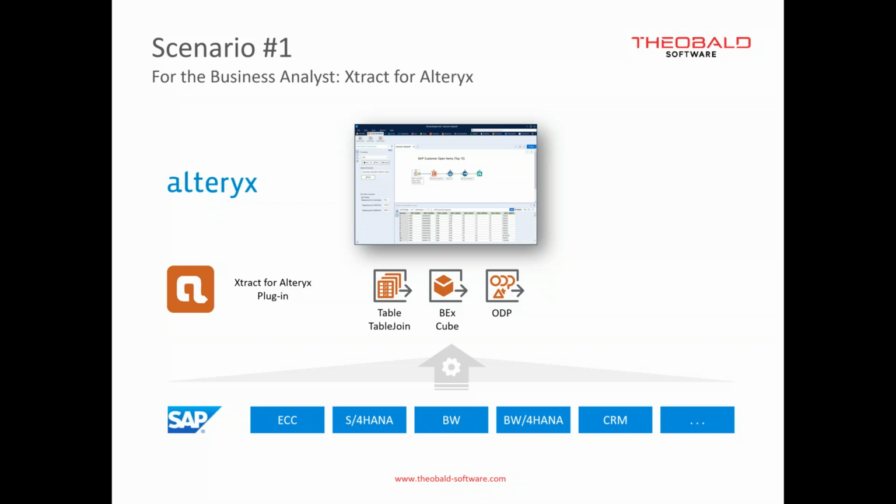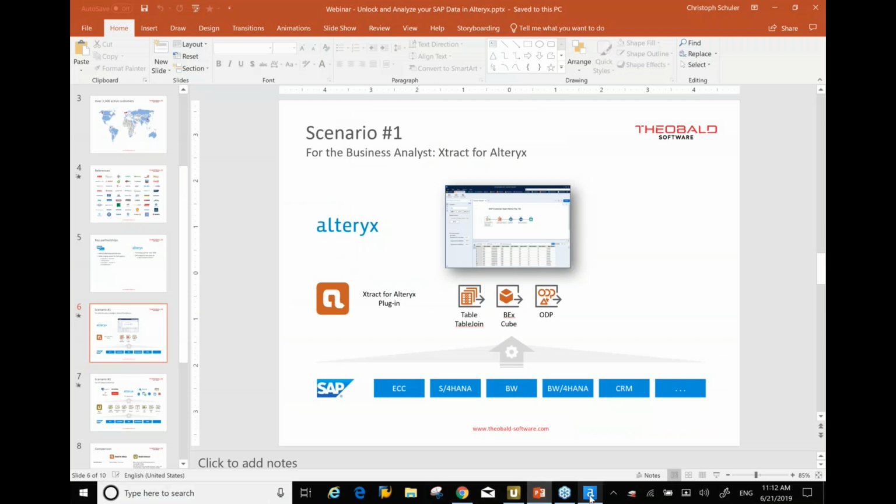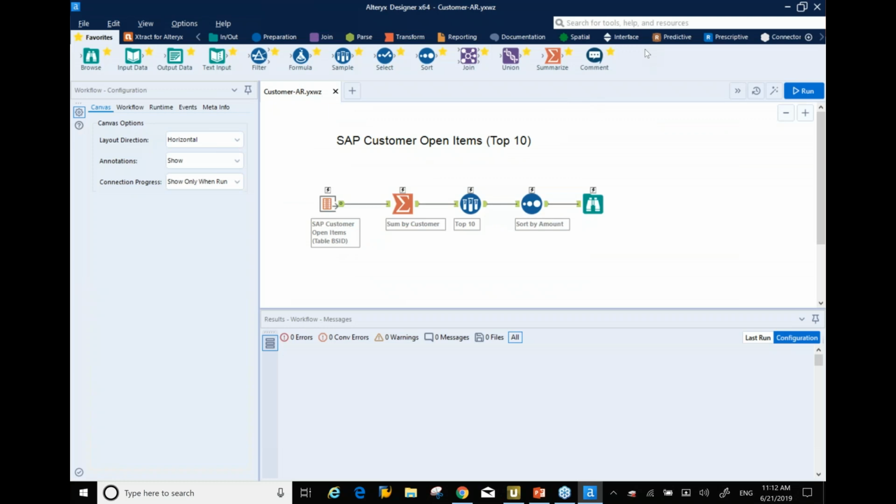So let's take a look at this. Let me switch over into my Alteryx environment. You see here the Alteryx Designer on my screen. And I have pre-built a simple example using our Extract for Alteryx product. You see it here. I have it installed.